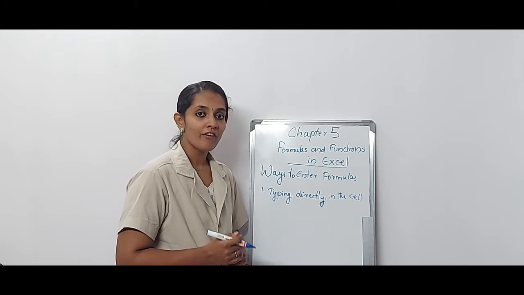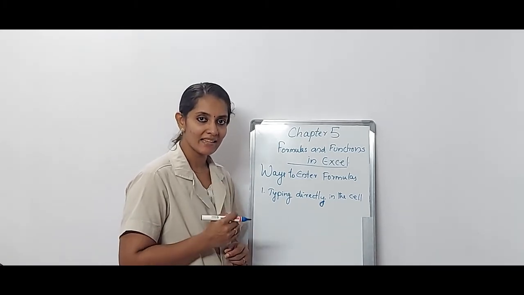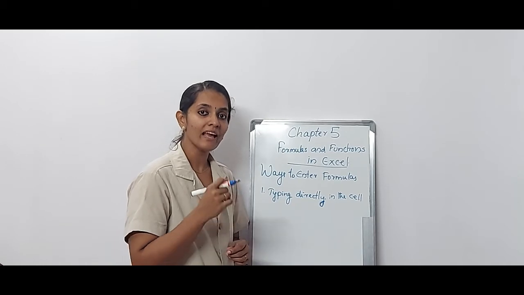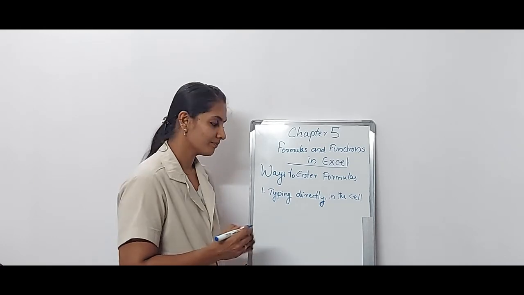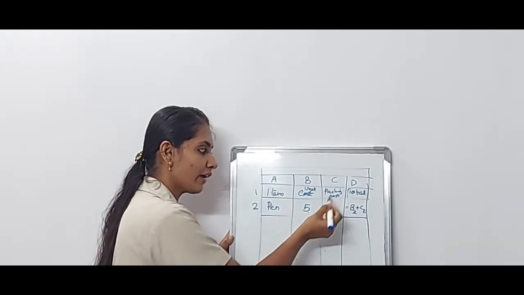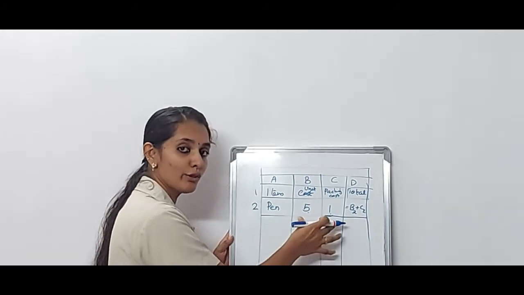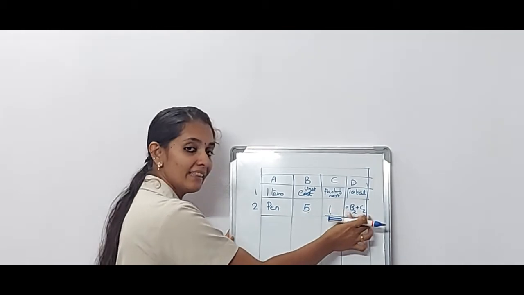In this method, we can type the formula directly in the cell after giving an equal to symbol. For example, I have given an item, pen, having unit cost 5 and packing cost 1. Then I want to display the total of this pen in this cell.